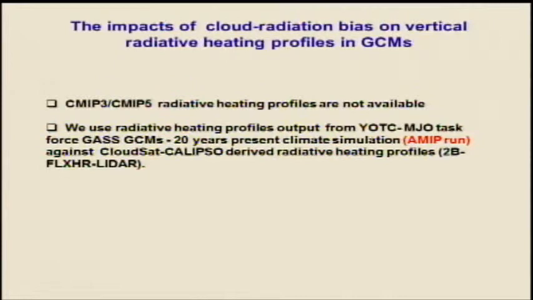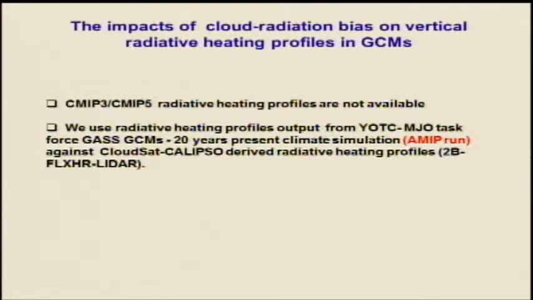So we use the radiative heating profile output from the YOTC MJO task force. We use a 20-year present climate simulation. To keep it clean, we only use the AMIP run. Three models have coupled runs, but we only use the AMIP run. Then we compare against the NASA-derived radiative heating profiles, which come from 2D-FLXHR-lidar.